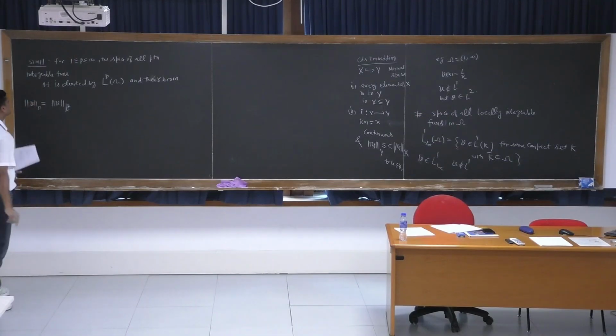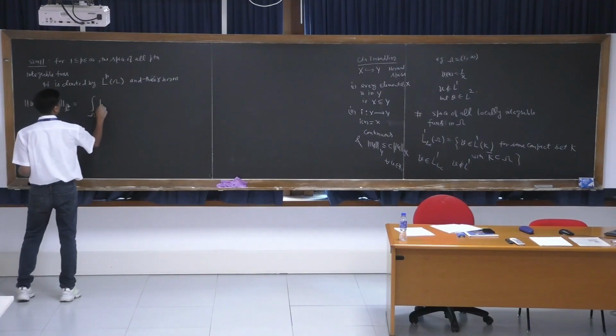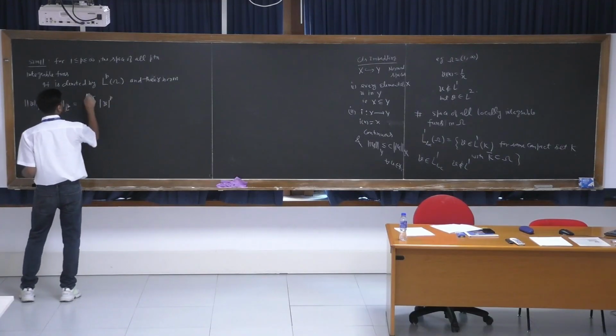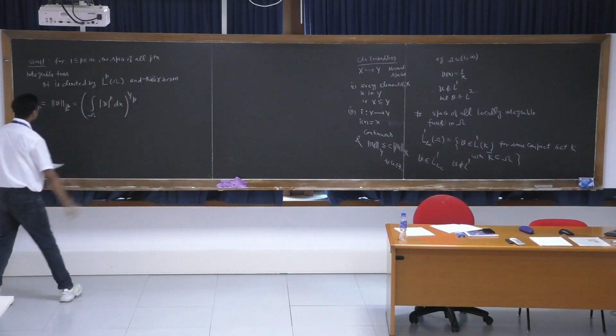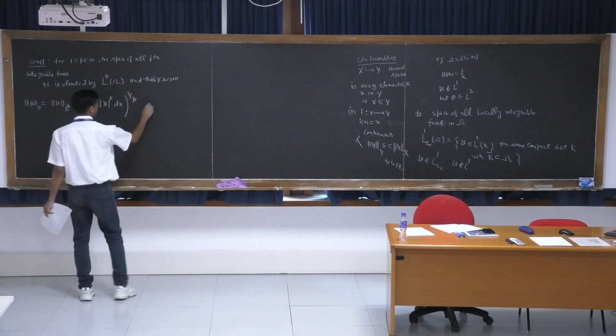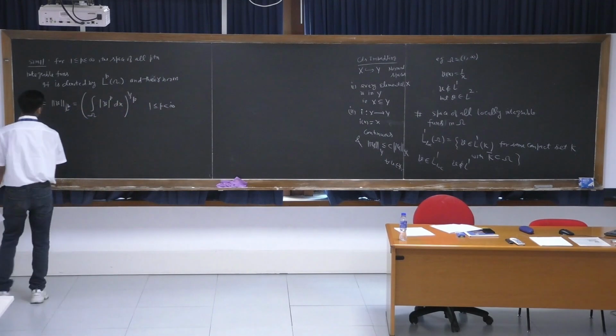This norm to the power p is equal to the integral over the domain of |v|^p. This is for p less than infinity.